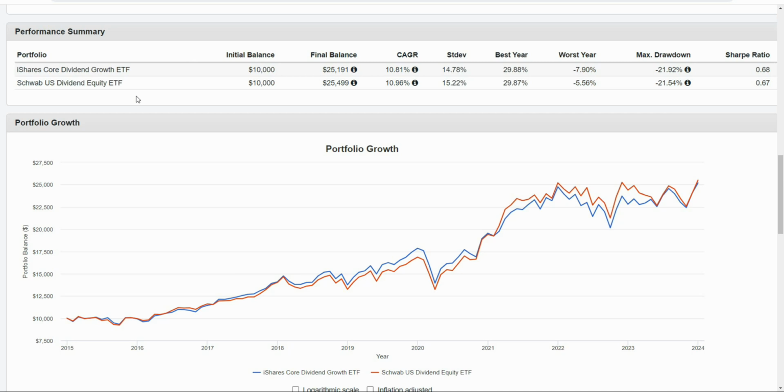Is this going to continue in the future? I don't know, but at least historically, we can say that SCHD did come out a bit on top. And there are periods, of course, where DGRO was performing better. So this might change a little bit. History tells us that SCHD is better, but the future might tell us that DGRO will come out on top.